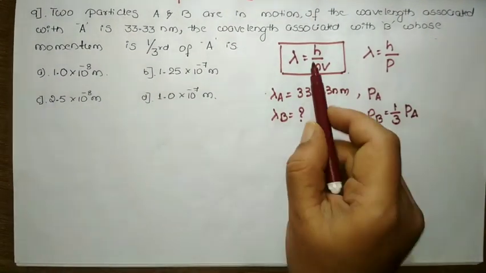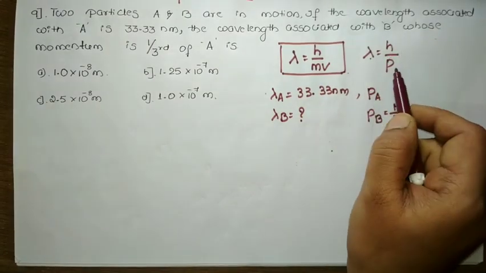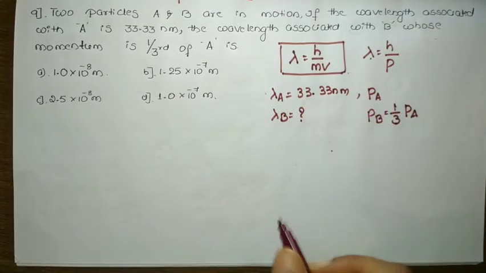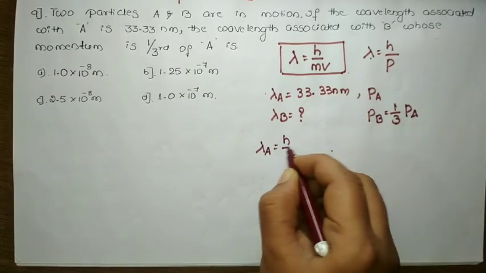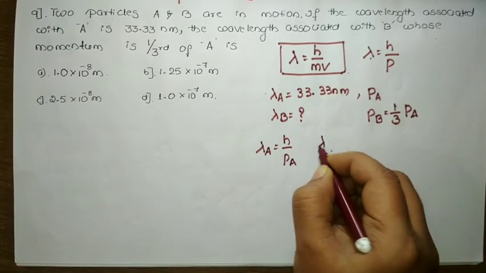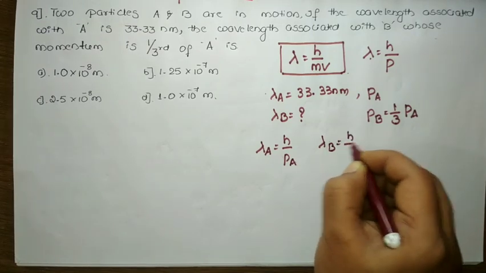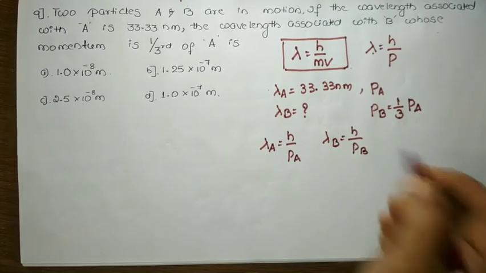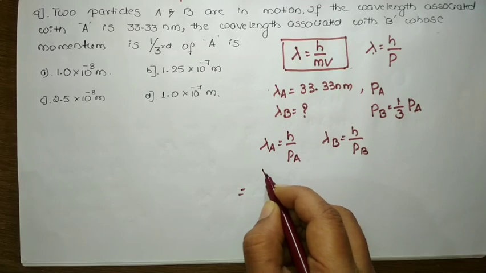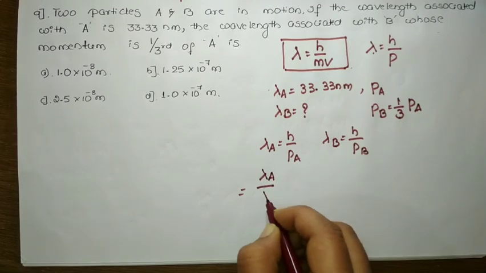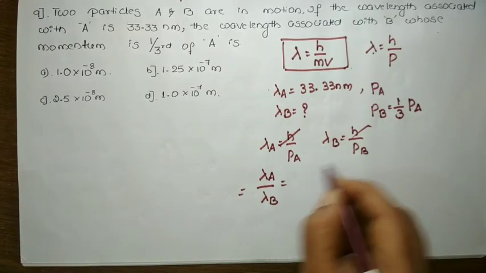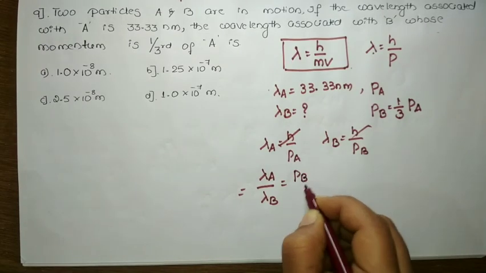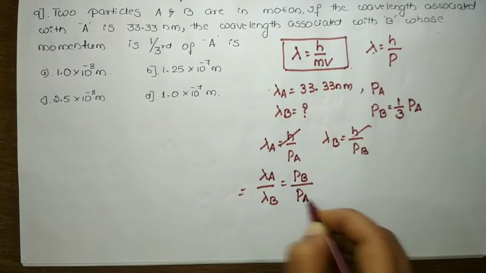Now if I apply lambda is equal to h by p for both particles, lambda A is equal to h by PA, and lambda B is equal to h by PB. Agree? Now if I take the ratio lambda A divided by lambda B, h gets cancelled, PB comes, since they are inversely proportional, and PA comes over here.